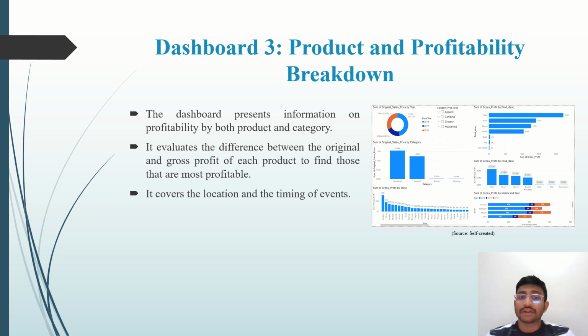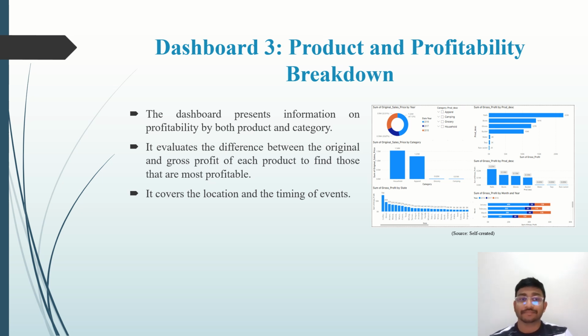It evaluates the difference between the original and gross profit of each product to find those that are most profitable. The most profitable product by year can be seen for 2016, 17, and 18. It covers the locations and the timing of the events.